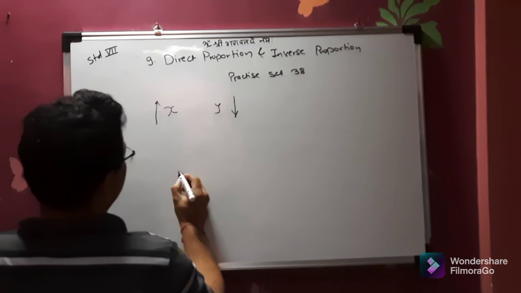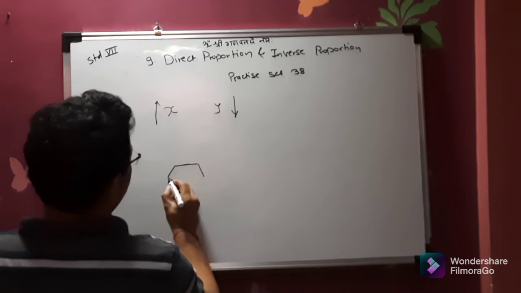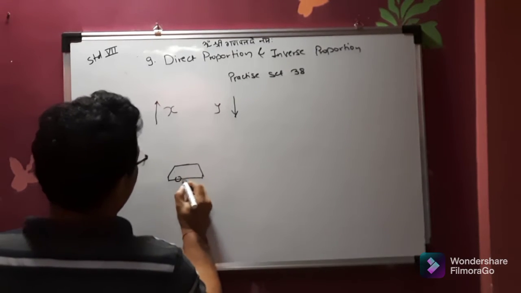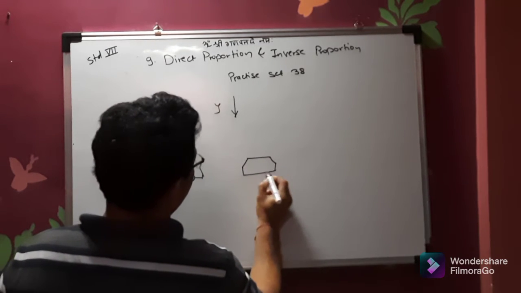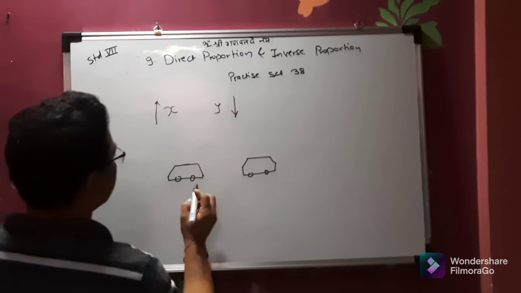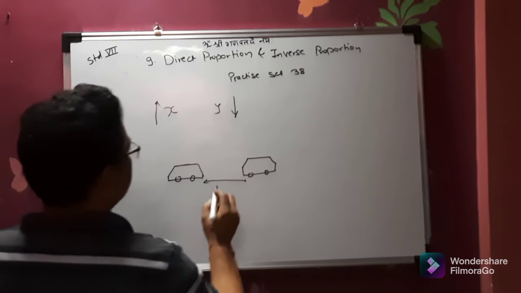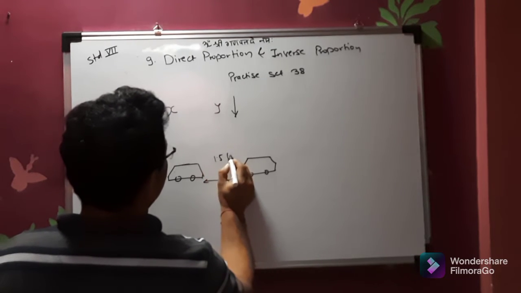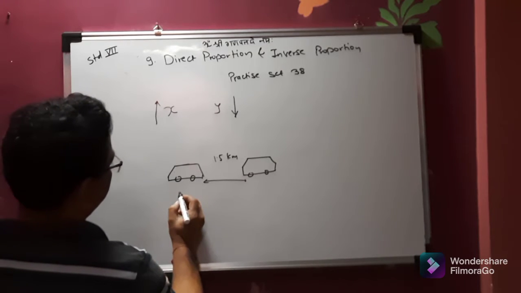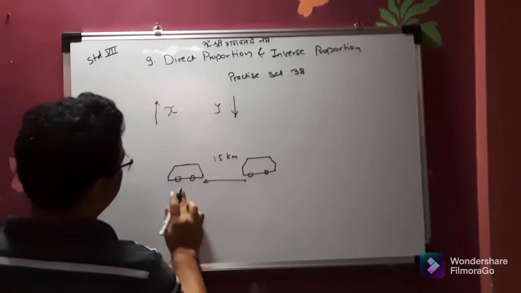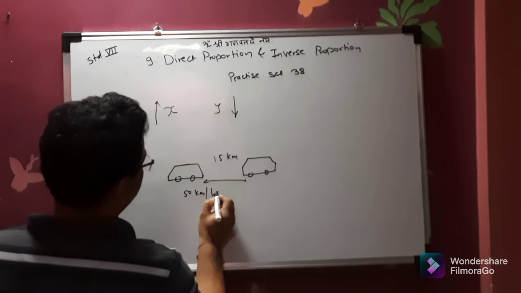So we'll take one example. If a vehicle is moving from, say, Mumbai to Pune, and the distance between them is, say, 150 kilometer, and this vehicle is moving at the speed of 50 kilometer per hour.